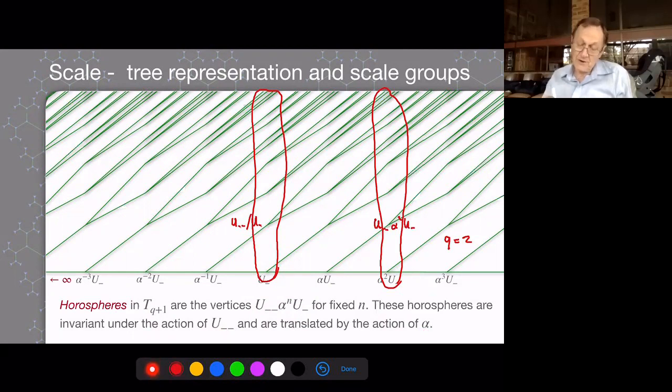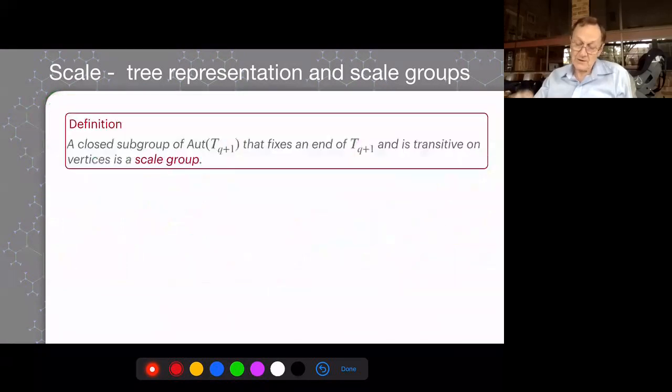So alpha will translate one horosphere to the next one. I guess this is alpha squared that I've got drawn a picture of. So alpha squared will translate this horosphere to this one. So that's one way of seeing the tree on which the group acts.